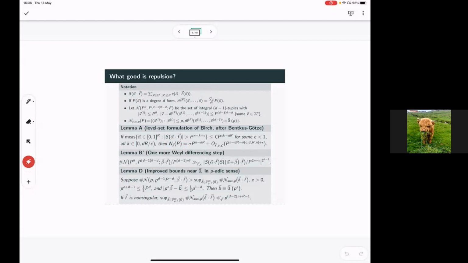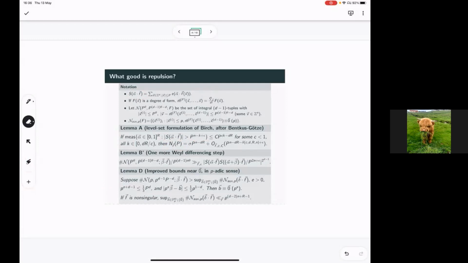And we have this formulation of the circle method part of Birch's argument, which says that we only need to understand the measure of the sets where this exponential sum is large.